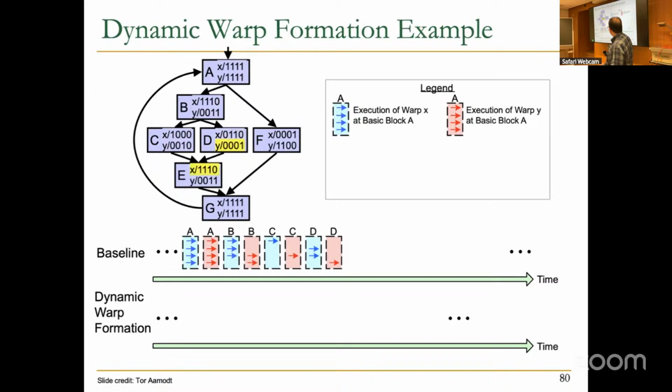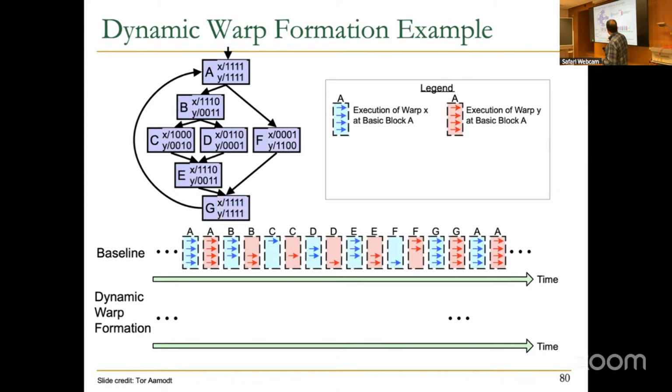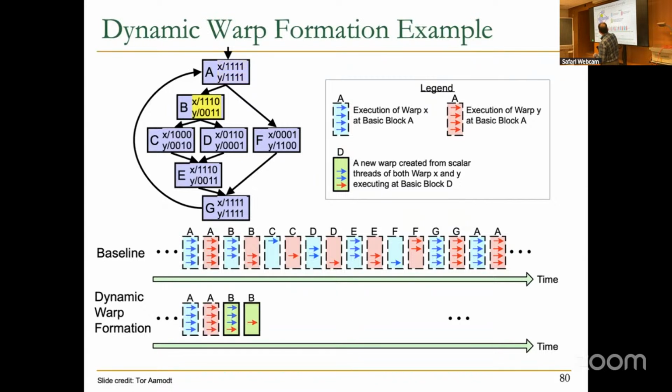And here is an example that you can play at home if you're interested. It's quite slow, but a nicely done animation, I guess. It's a baseline code that would run like this, but with dynamic warp formation, you can combine them and make it more efficient.